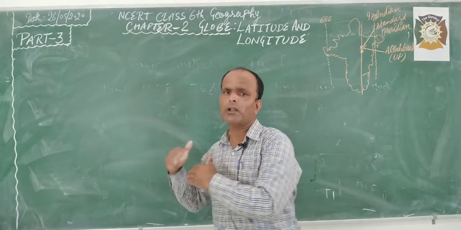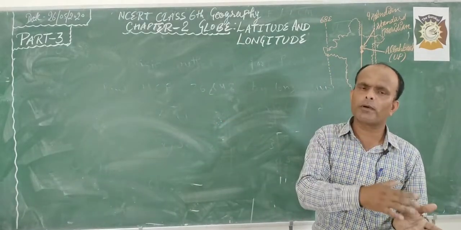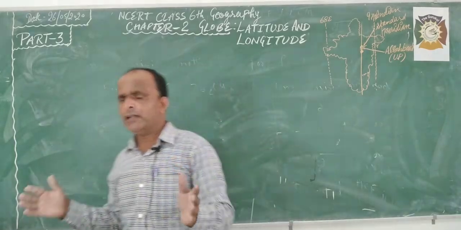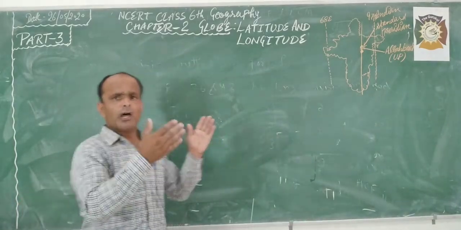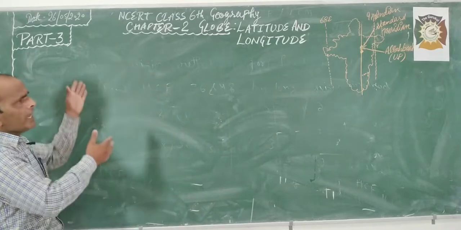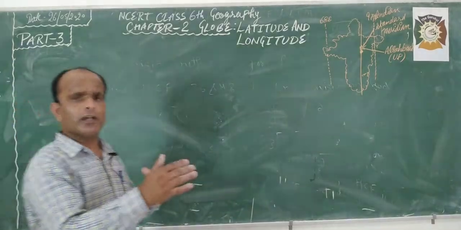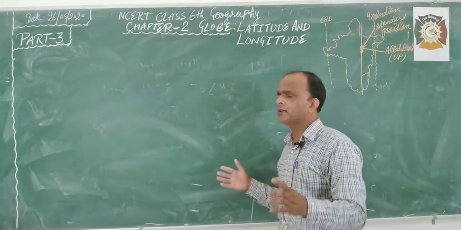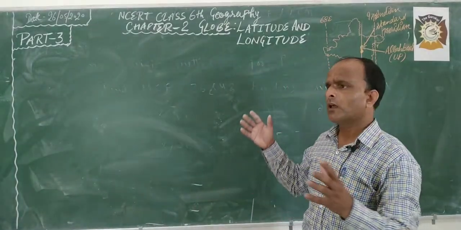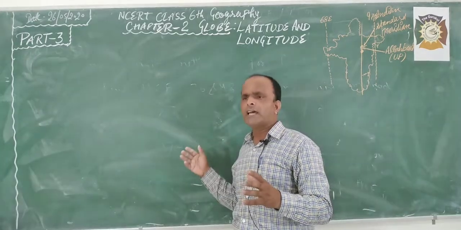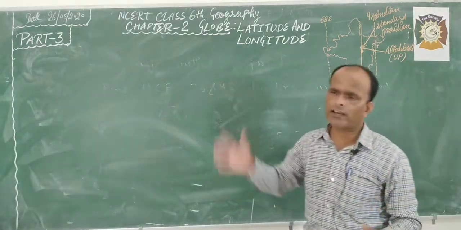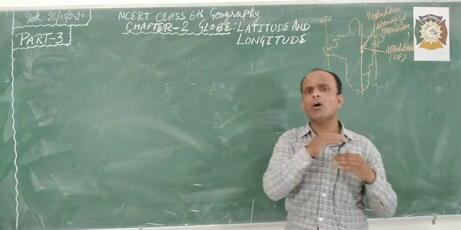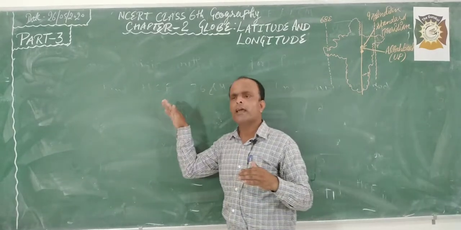The upper part is called the northern hemisphere and the lower part the southern hemisphere. There are vertical and horizontal lines on the globe which represent reference lines. The vertical lines are called longitudes and the horizontal lines are called latitudes.